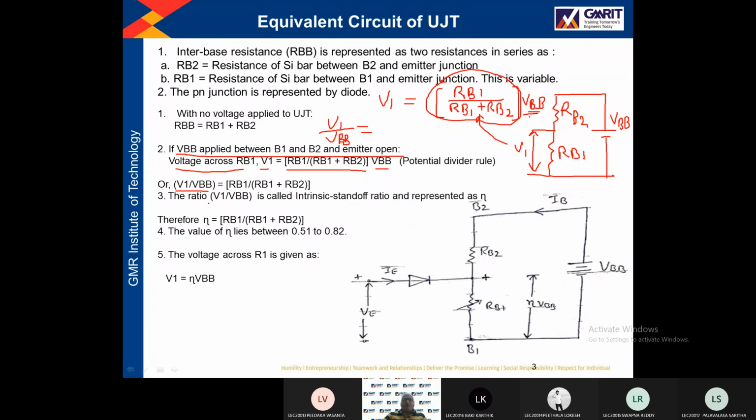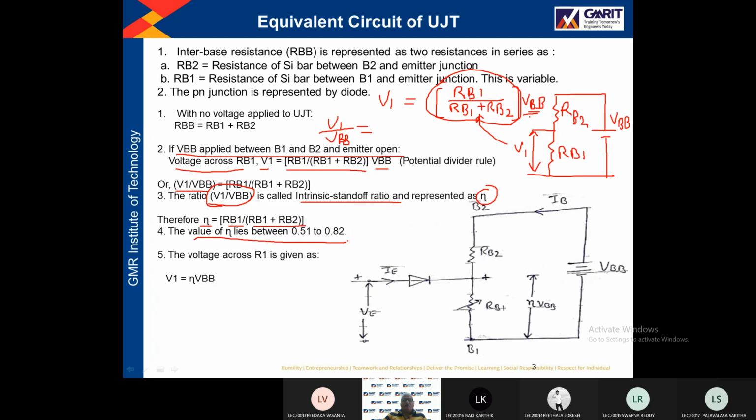This V1 by VBB is called the intrinsic standoff ratio, and it is represented by eta. Therefore, eta is equal to RB1 divided by RB1 plus RB2.